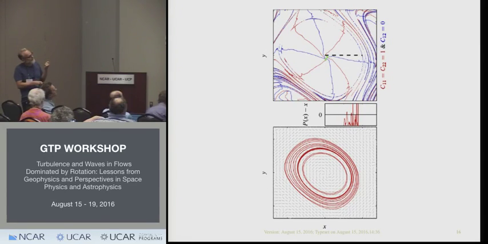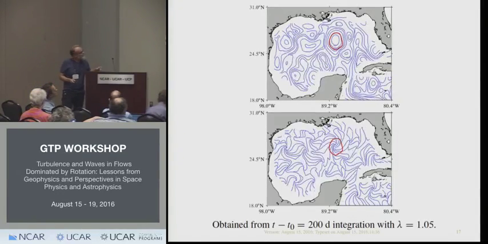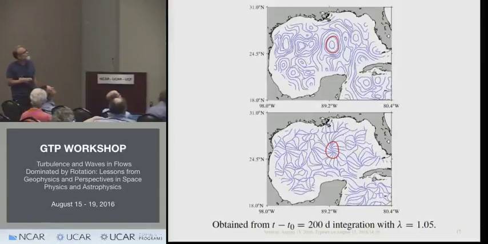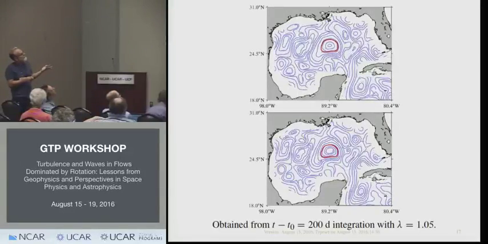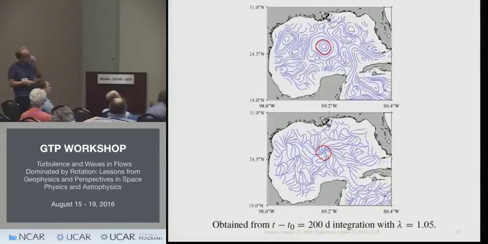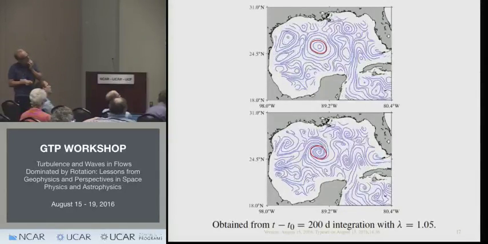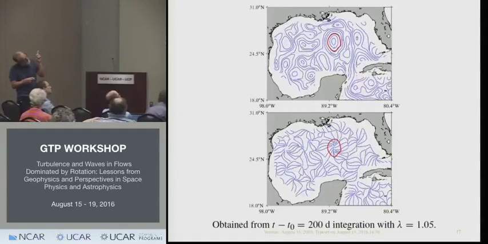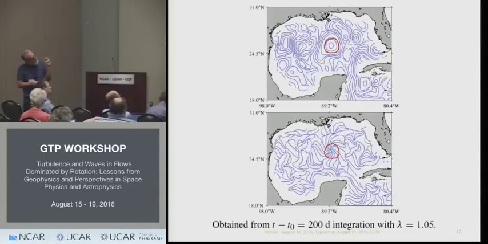And we take the outermost of this concentric family of lambda loops as the boundary of the Lagrangian vortex. And this is what I'm plotting here, what I've just shown. This is the boundary of the vortex on top of the instantaneous streamlines. This followed from an integration of 200 days, and this vortex has lambda equal 1.05.